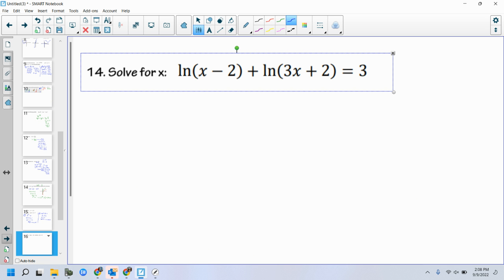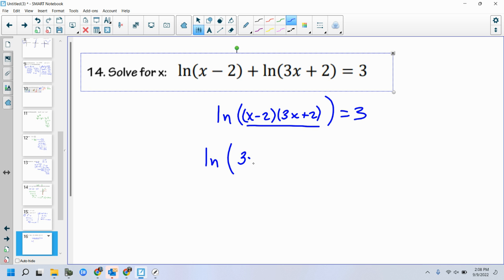All right, okay. Looks like I'm probably going to want to combine those logarithms. So that means I have ln of (x minus 2)(3x plus 2). Ooh, this one's going to be fun, because it's going to turn out to be quadratic in the end. I've got to multiply those together. So ln of 3x squared minus 6x plus 2x minus 4. All I did was FOIL that.